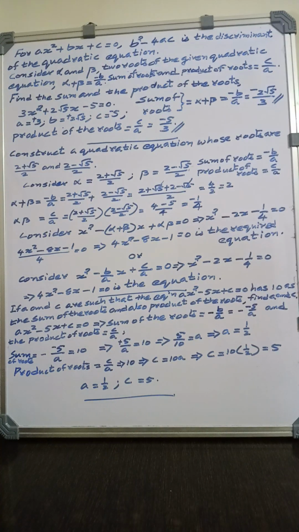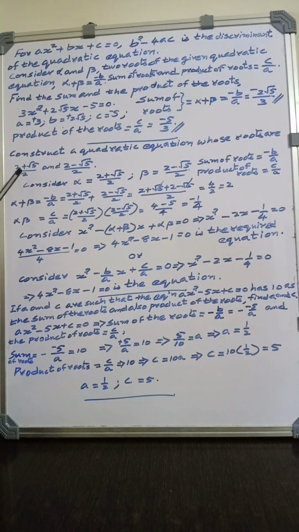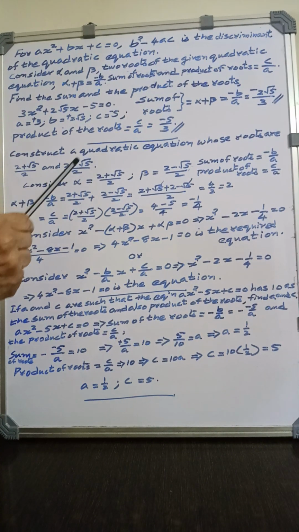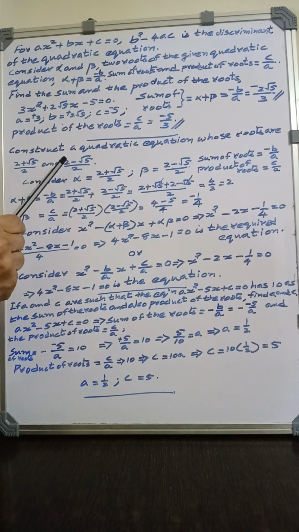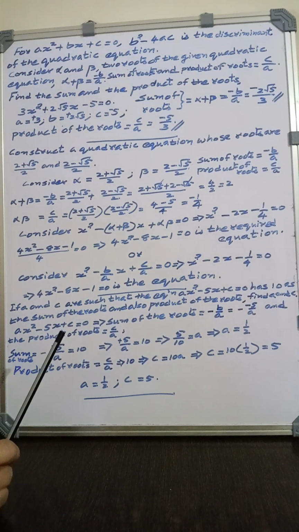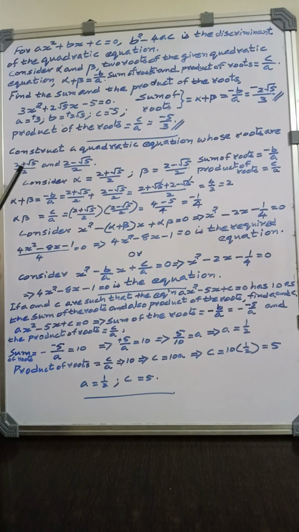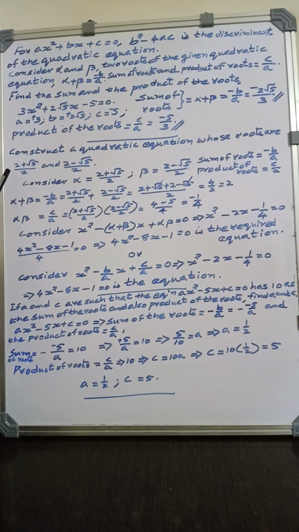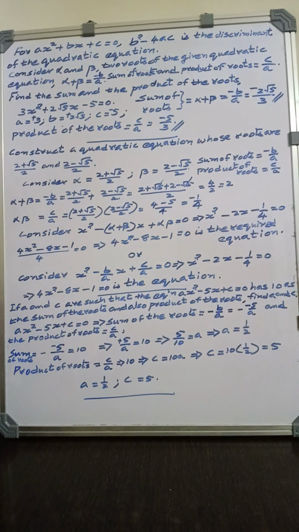Next, construct a quadratic equation whose roots are (2 + √5)/2 and (2 − √5)/2. The roots of this quadratic equation are x = (2 + √5)/2 and x = (2 − √5)/2.